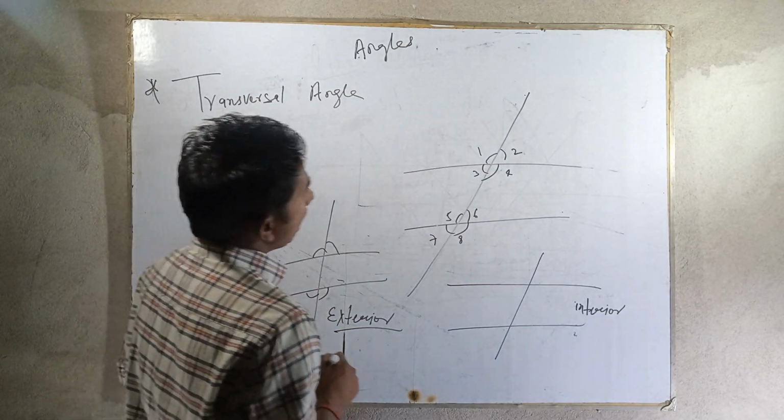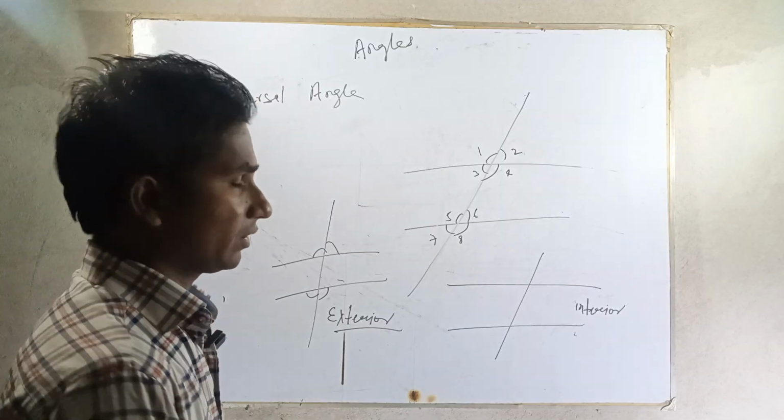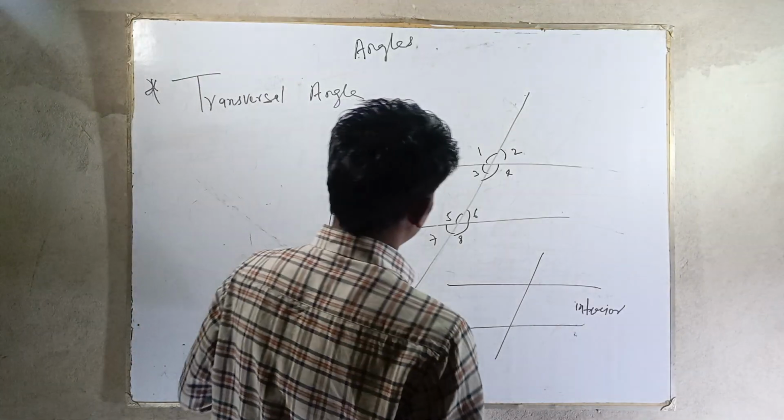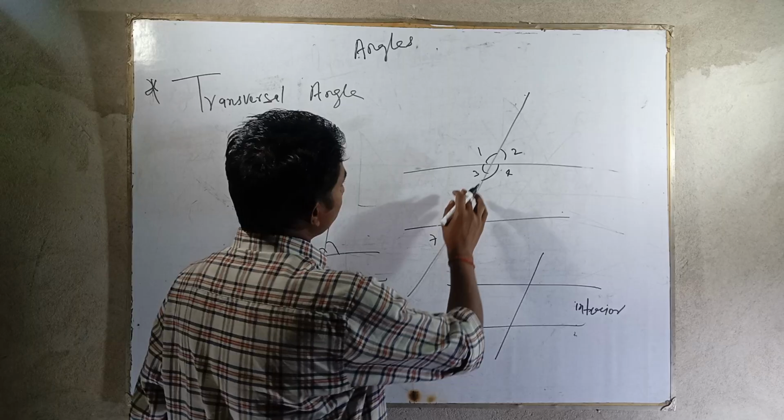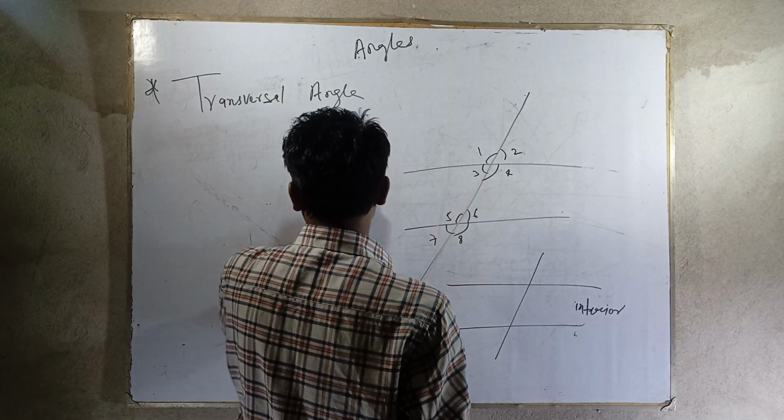Now I will look at alternate angles. How do we realize which pair should be alternate and which should be corresponding?